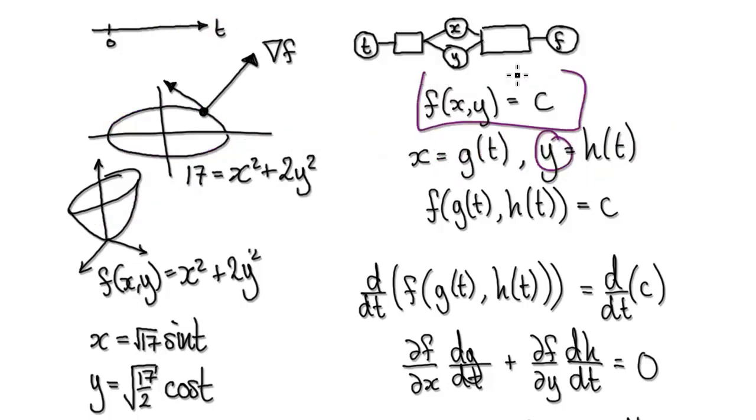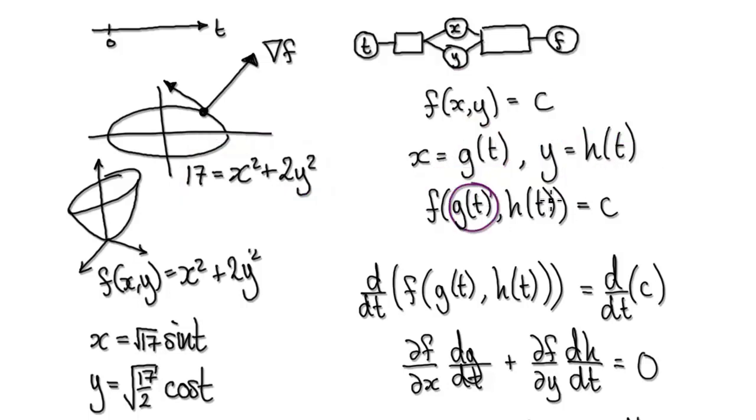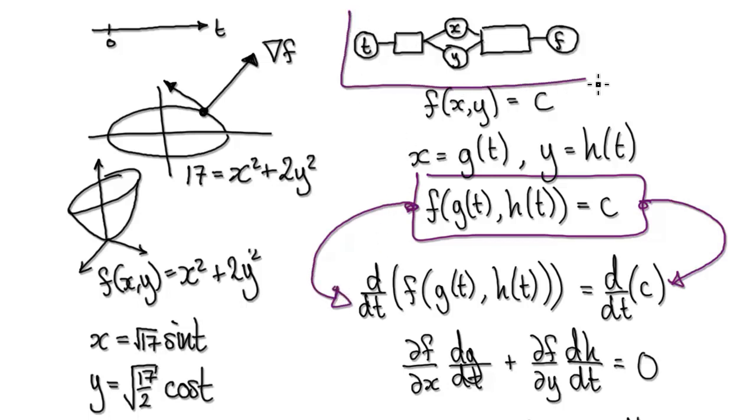So this thing here can be written as a function of this and a function of this, because we always know the x location and we always know the y location. From here we can differentiate it with respect to t, and we've done this before using the chain rule. We spent several videos on using the chain rule.